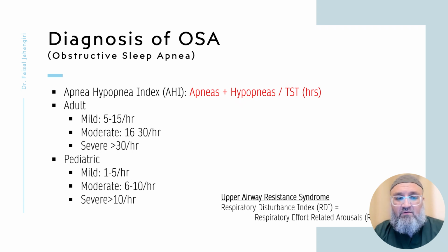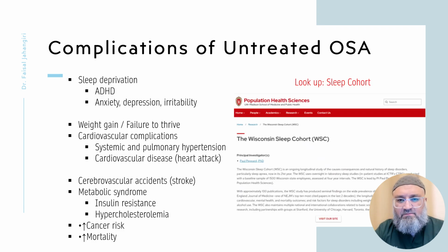If you have 5 to 15 events per hour, that's mild. If you have 16 to 30, that's moderate. More than 30 per hour is severe obstructive sleep apnea. In pediatrics, 1 to 5 per hour is mild, 6 to 10 per hour is moderate, and more than 10 per hour is severe.